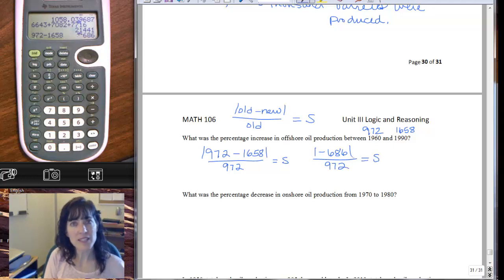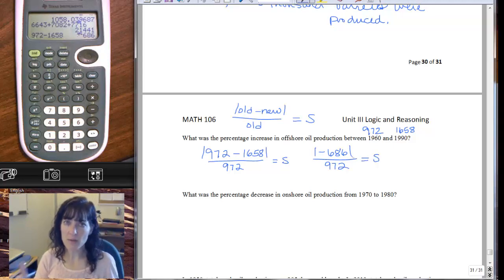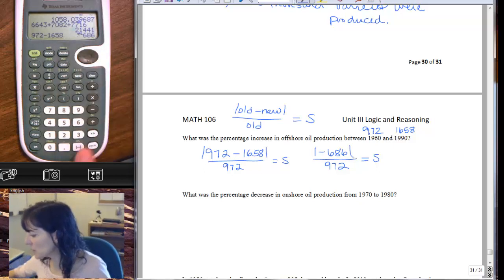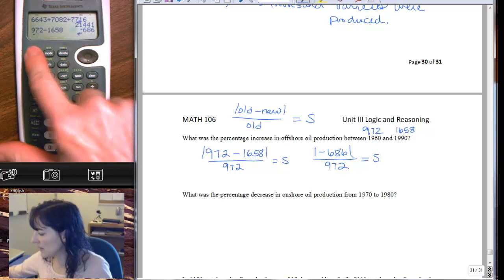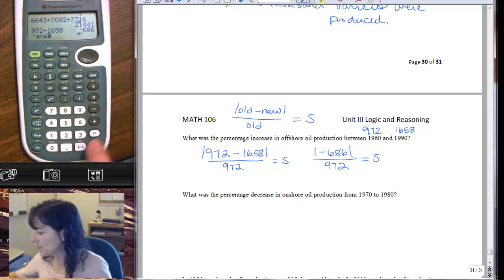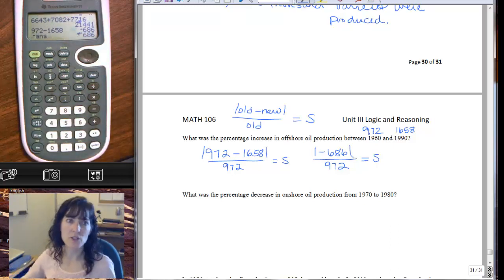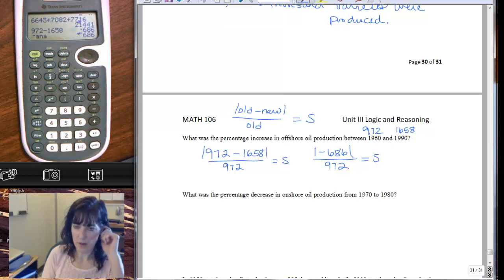And remember, we want to take the absolute value, so that means if it's negative, we want to flip it positive. If it's positive, we just leave it alone. And it is negative, so we're going to use our minus button here, and then bring up our answer and equals, and then that just flipped it positive for us.